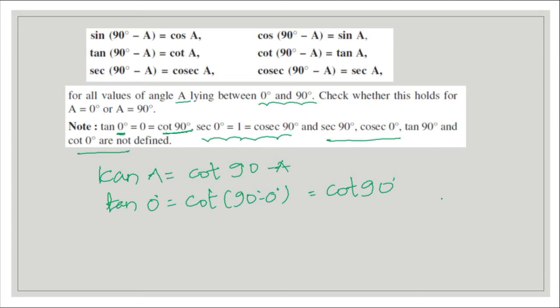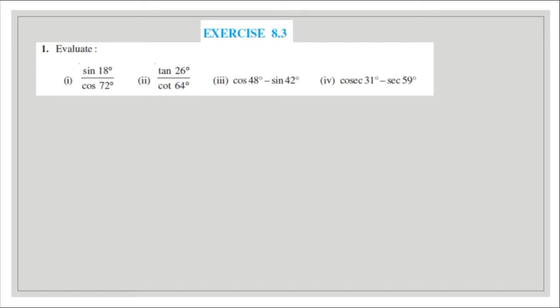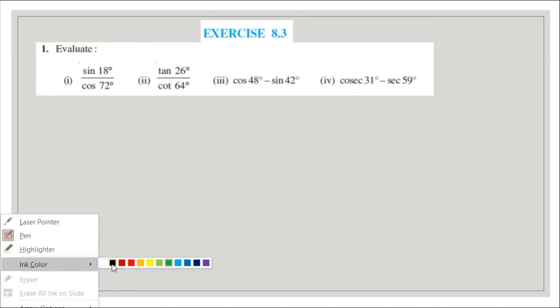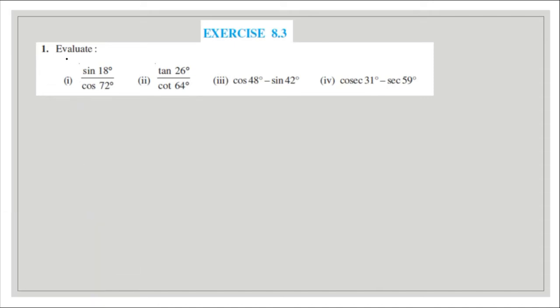With this knowledge of complementary angles, let us solve exercise 8.3, which is related to complementary angles. Here we go. Exercise 8.3, first question is to evaluate. The first one is sin 18 degrees upon cos 72 degrees.